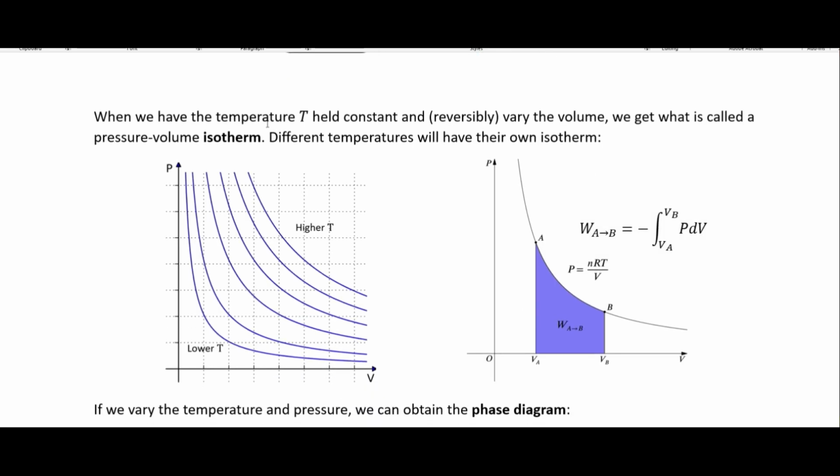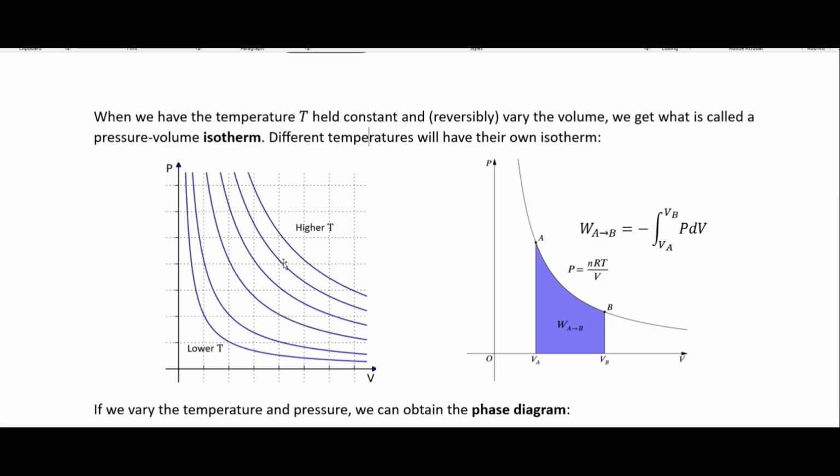So when we have the temperature T held constant and we reversibly, and we'll talk more about what that means in future videos, vary the volume, then we get what is called a pressure volume isotherm. So different temperatures will have their own isotherm. So we see here at some low temperature, this line right here would be our isotherm. So we are varying the volume and seeing what happens to the pressure here.